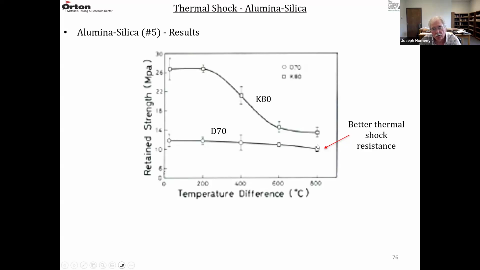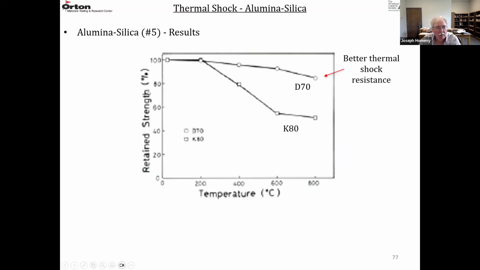So the 70% alumina had much lower strength loss. It started out at lower strengths, and that's how a lot of refractories are designed to have low initial strength, but very little strength loss as a function of quenching. So when you look at it in terms of retained strength, the 70% alumina has better thermal shock resistance.